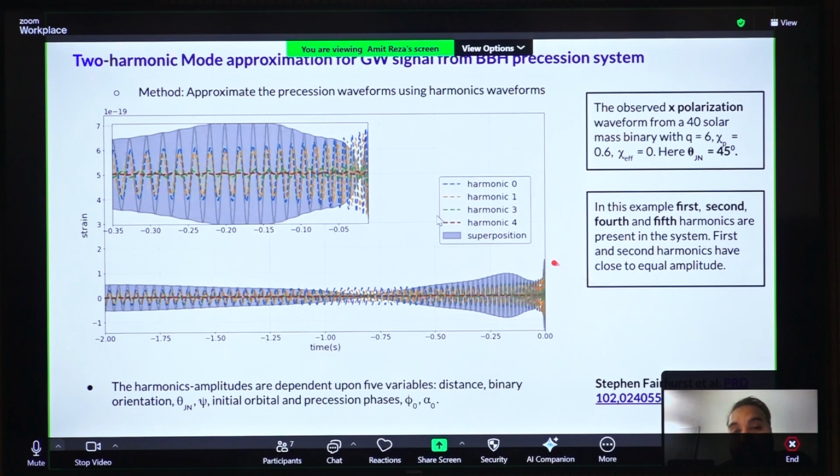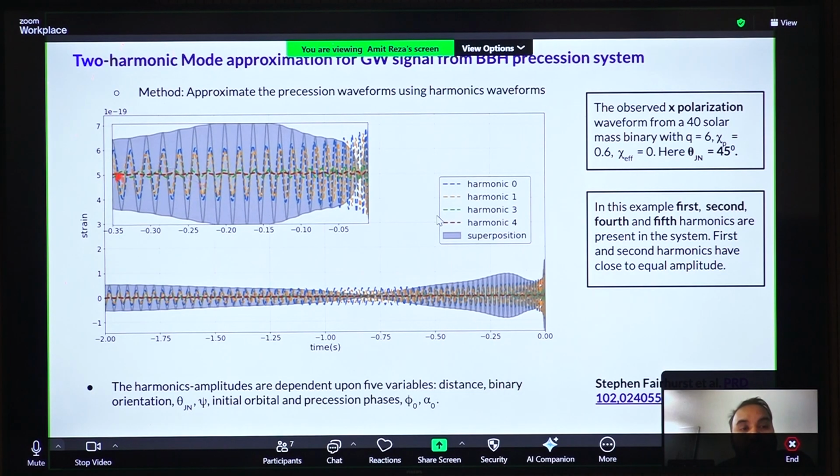If you do that decomposition, a precession signal is nothing but a linear combination of all five harmonics, defined as 0, 1, 2, 3, 4, and the patterns are similar to the aligned signals.